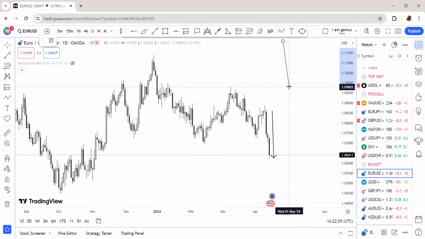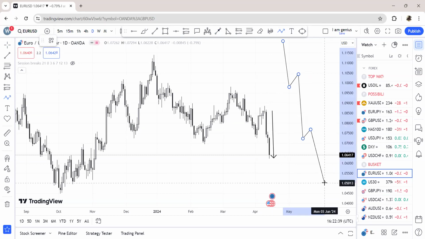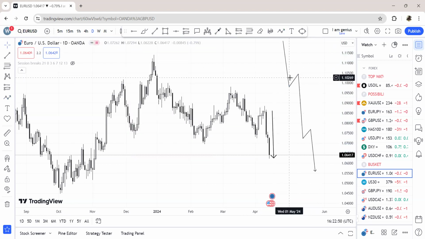Remember, a market moves like this. An impulsive move followed by a retracement, then another impulsive move followed by a retracement, then another impulsive move like that. So it's supposed to be on the other side. So that's how a market moves.